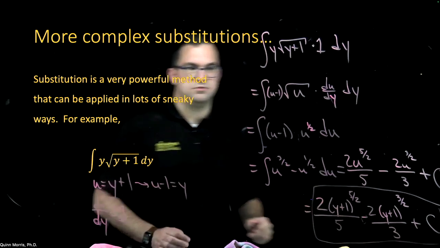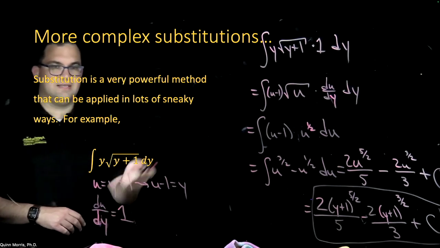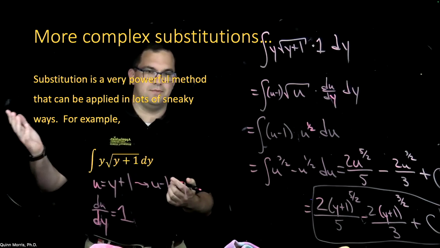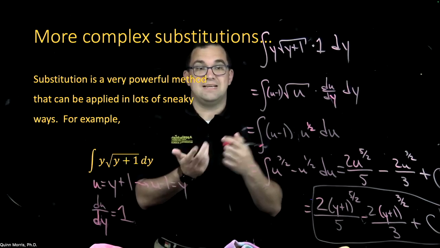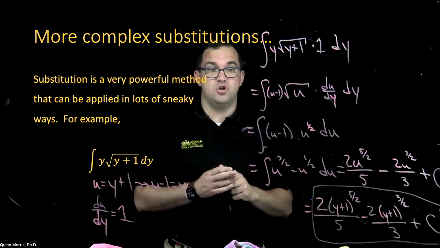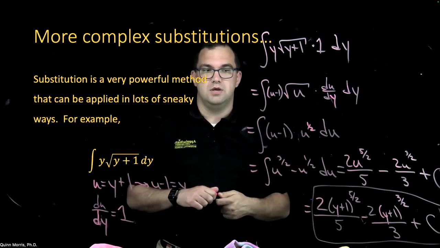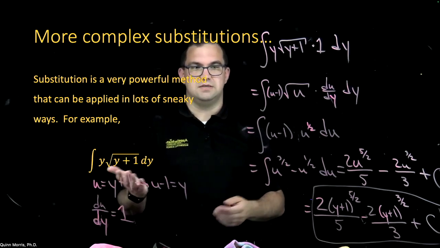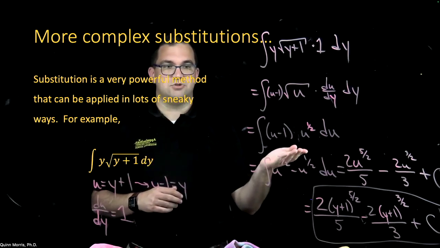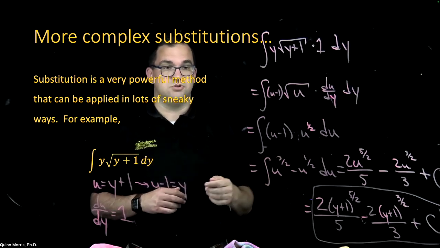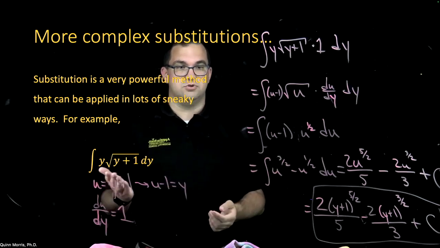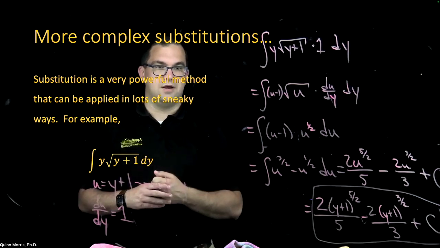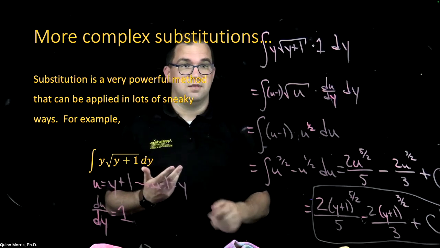Again, this one's a little trickier to see because when I look at this integrand, I don't really see a function and its derivative, not in the same way that we saw it in the other problems, but I can still take advantage of the idea of substitution to help me simplify this integral, right? So instead of dealing with this, I was now dealing with this, and that was nicer because I could just distribute here where I couldn't distribute this easily here. I could now distribute here and then find the antiderivative just by using the power rule.